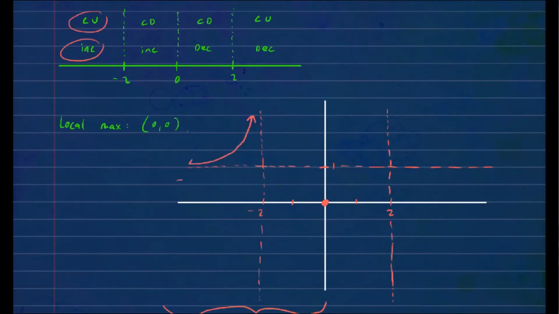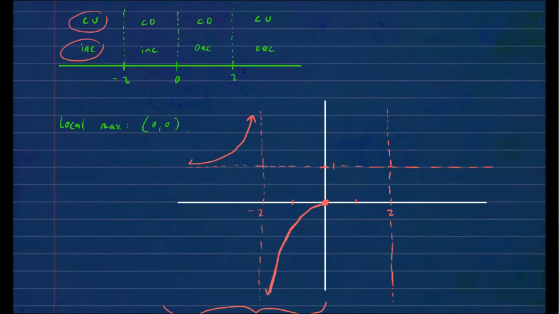Of course, we wouldn't draw it this way because that's decreasing and that's concave down, so it wouldn't make sense. And then from negative 2 to 0, we're increasing and concave down. Concave down usually looks like this, like a sad parabola. And that's also increasing and concave down. So we're going to go to that point right there, connect.